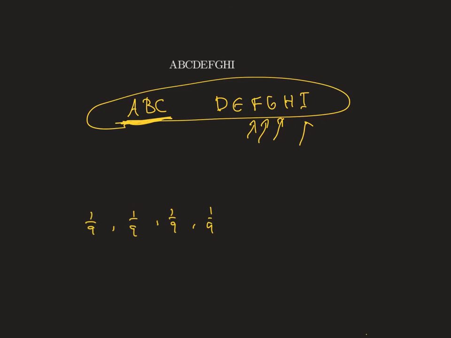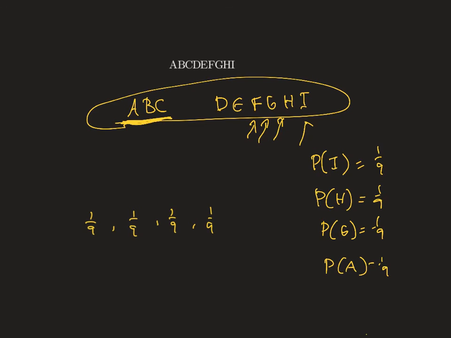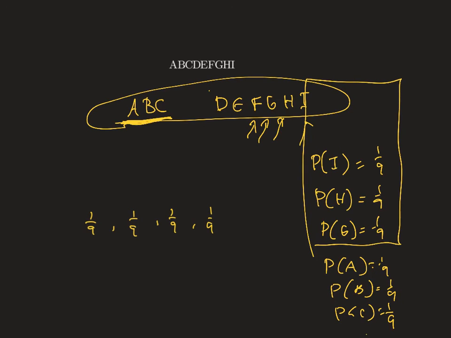The probability of I winning is equal to 1 in 9. The probability of H winning is 1 in 9. Probability of G winning, I think you're getting the point, 1 in 9. The probability of A winning is 1 in 9. Probability of B winning is 1 out of 9. And the probability of C winning is 1 out of 9. If any of the 6 other horses win, that's considered a loss.